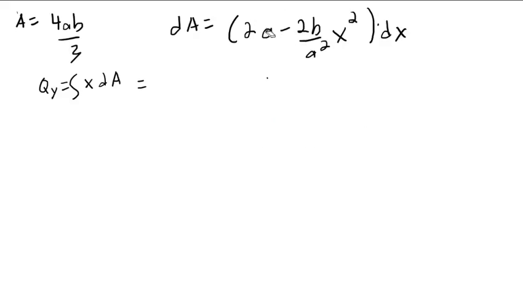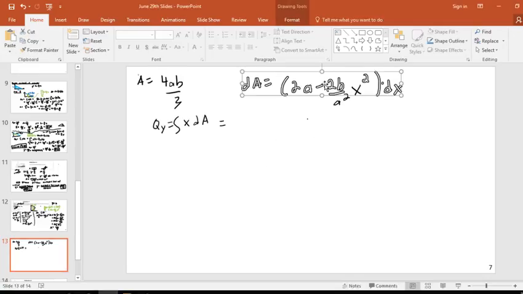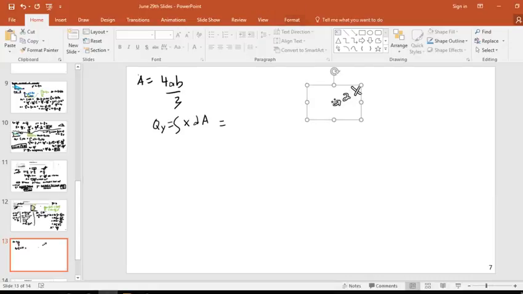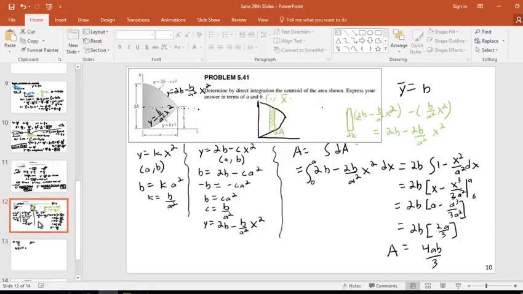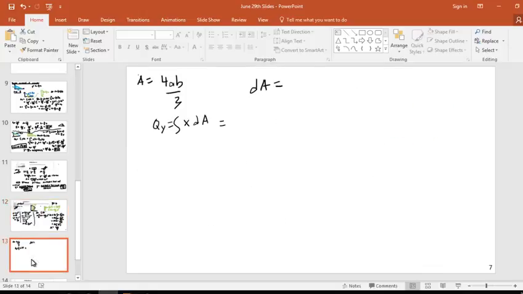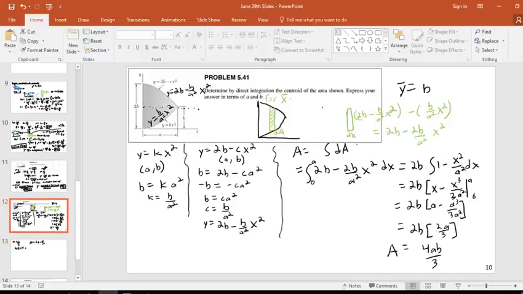Where is this coming from? dA equals 2b minus b squared over a squared, right? No, sorry, 2b over a squared.